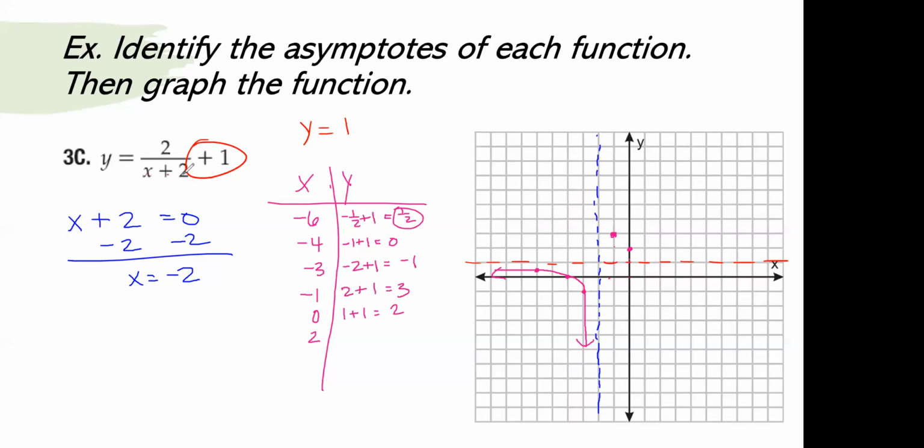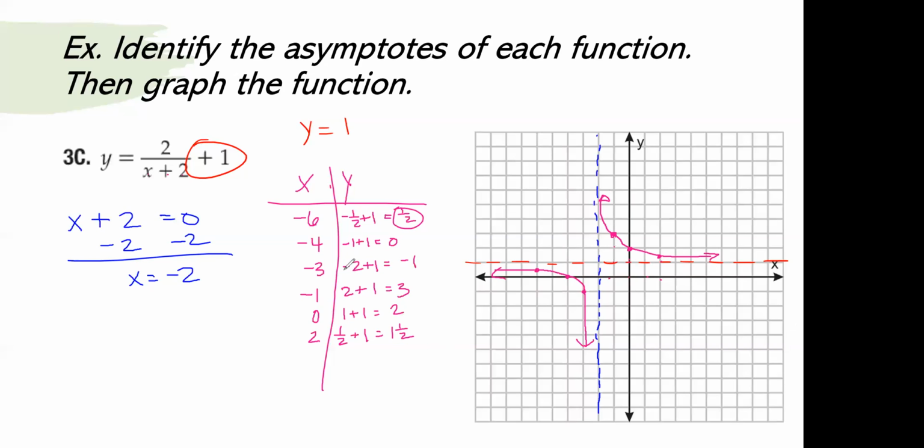So 2 plus 2 is 4. 2 divided by 4 is 1/2. 1/2 plus 1 is 1 1/2. So when x is +2, y is 1 1/2. So about there. So I can see my graph is going like this. Okay.